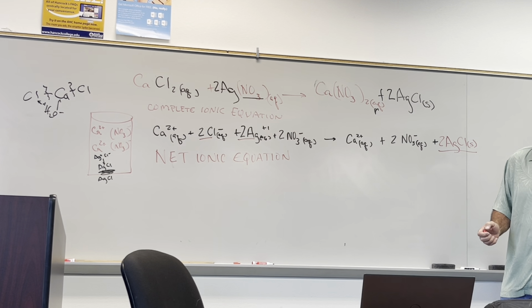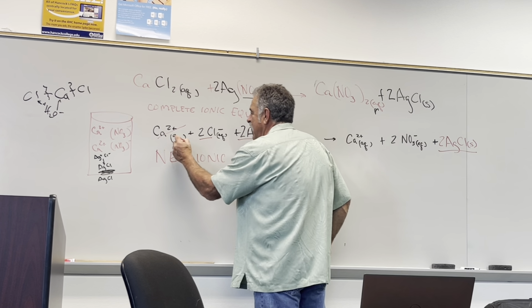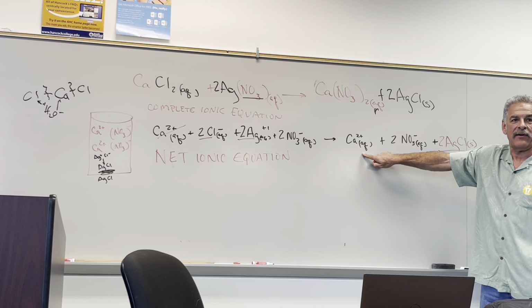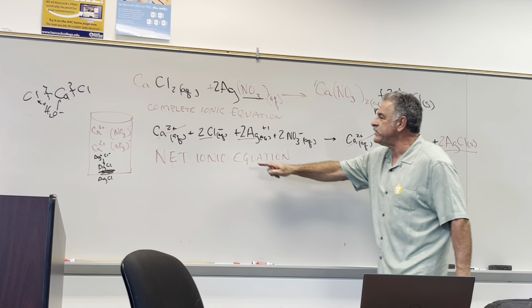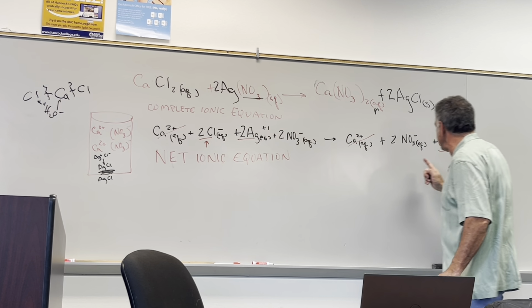So we'll look at each side of the equation. We look at the first reactant, calcium 2+ aqueous. We come to the product side, and by gosh, it's exactly the same. So no change there. Then we go to 2 chloride minus, the anion. We come to this side, and look, it's part of the precipitate, so it did change. So we're going to keep that, write that down.